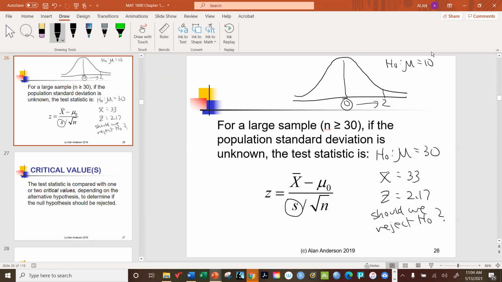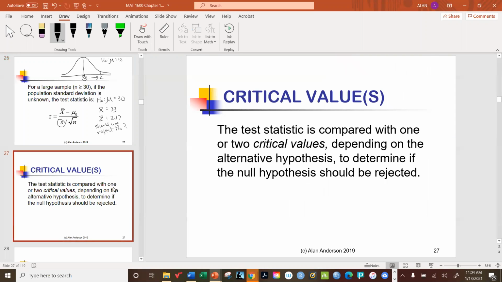And the answer is we don't know until we construct a benchmark that we can compare these with. And that benchmark has its own special name, of course it does, called a critical value.